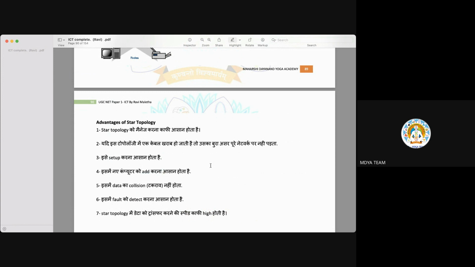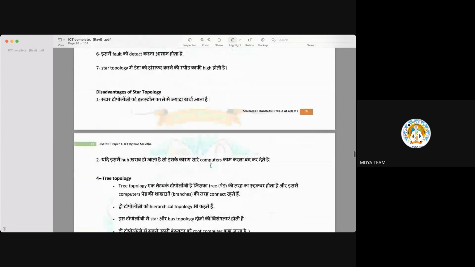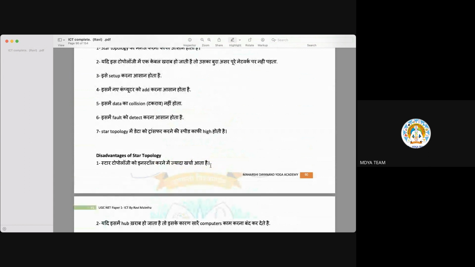And here there is no collision of data, and it is easier to detect the fault if there is any fault. So you can easily find out which link or which computer is getting affected. And the speed is also very, very high. So it's a good topology which is used frequently.